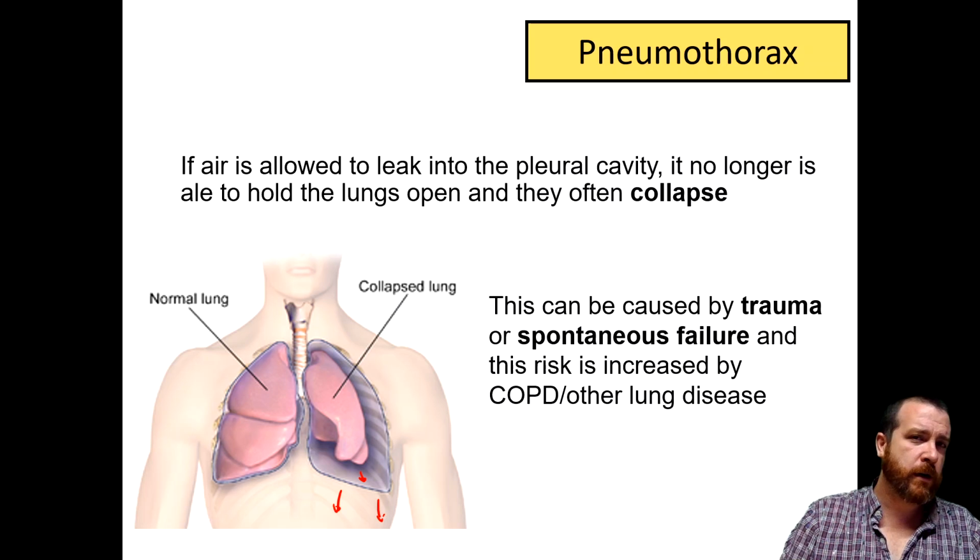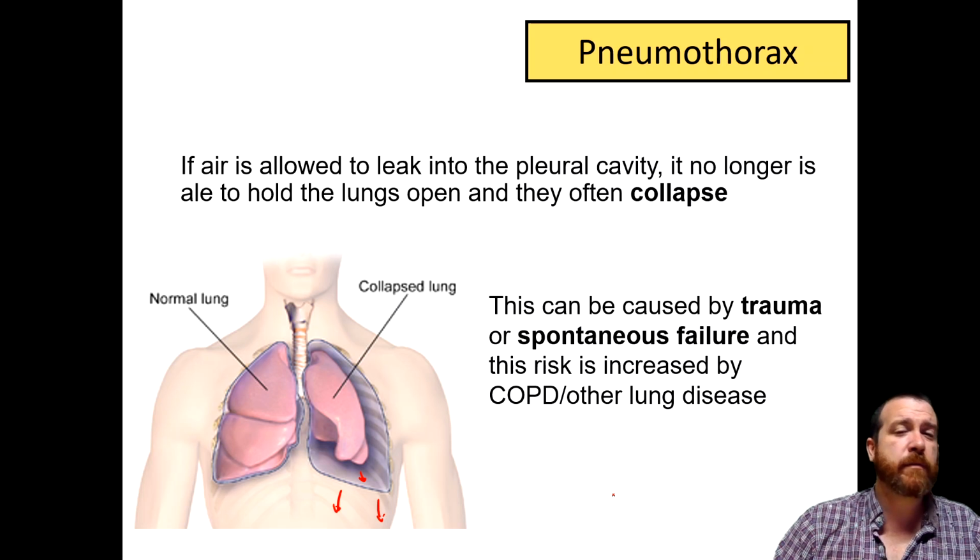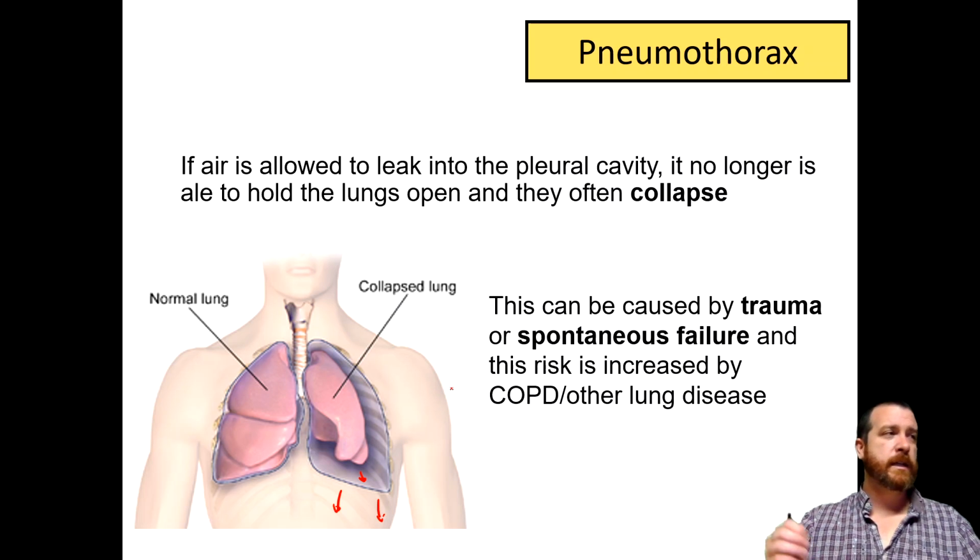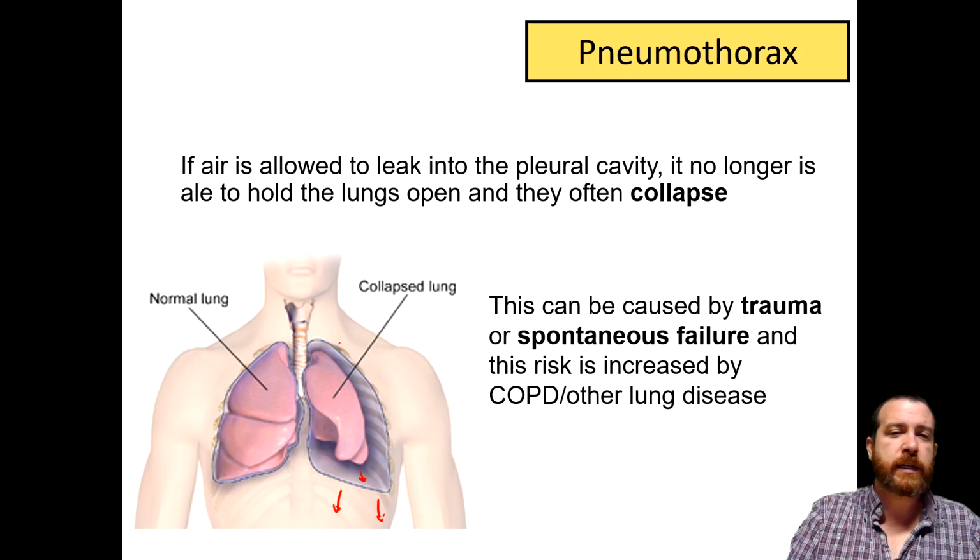Trauma is a big cause of pneumothorax, especially in non-smoking patients. If we have a patient that is a smoker and they develop a pneumothorax, our first indication is that probably the lung has at least been weakened by things like COPD, this emphysema. This is the problem coming from, is the leak of where this air is coming into.